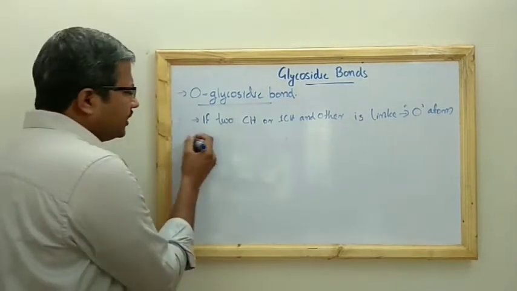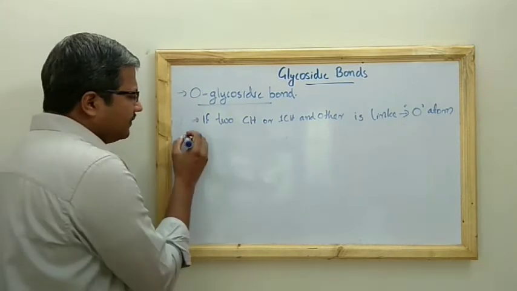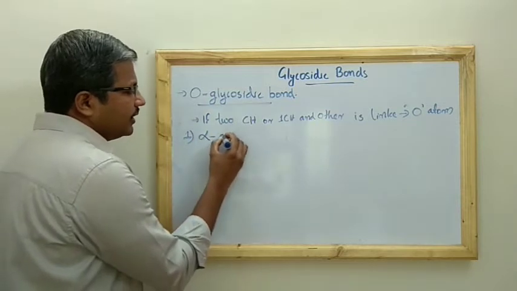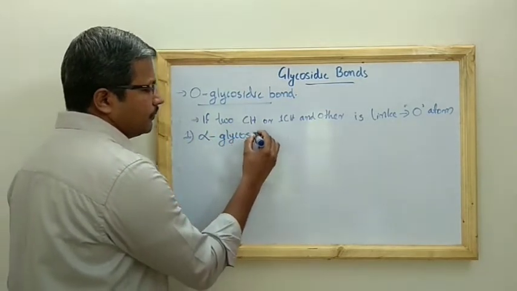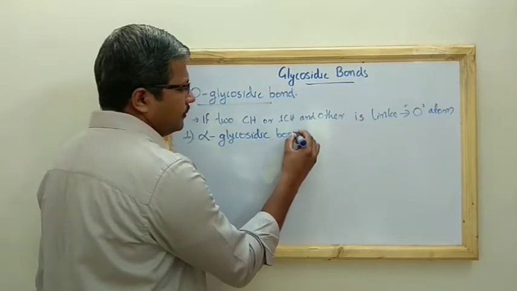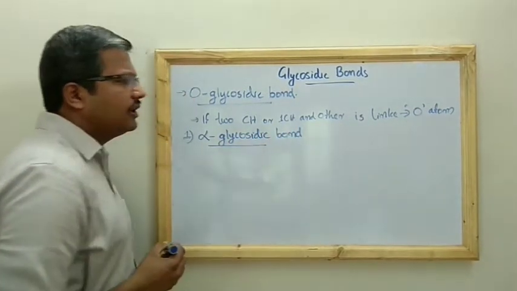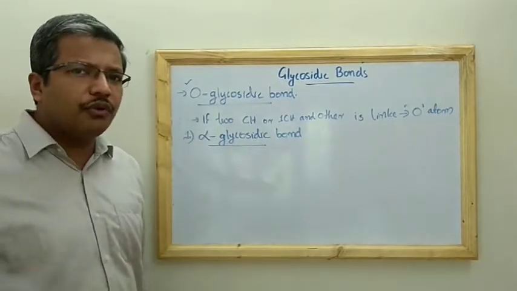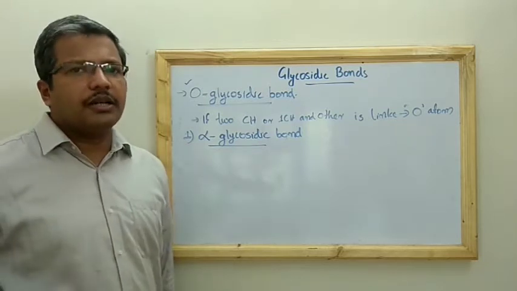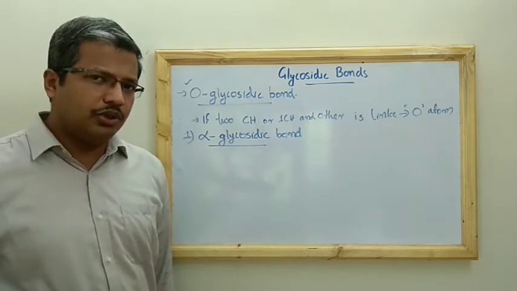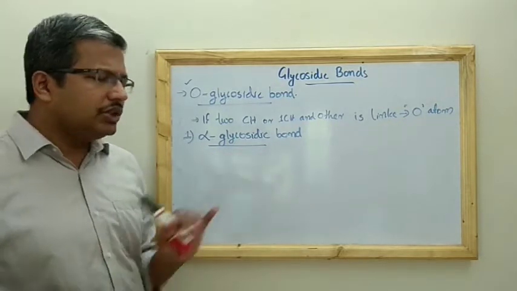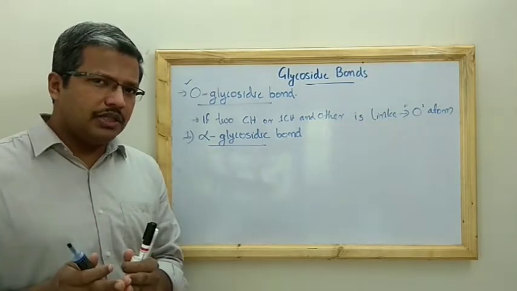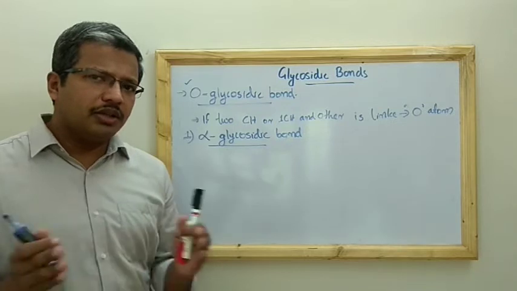Let us see the subtypes of the O glycosidic bond. The first subtype is the alpha glycosidic bond. You have to keep in mind that in most cases the O glycosidic bond is meant for polymer formation of carbohydrates, like oligosaccharides and polysaccharides. In the alpha glycosidic bond, both carbohydrate units will be in the alpha anomeric configuration.